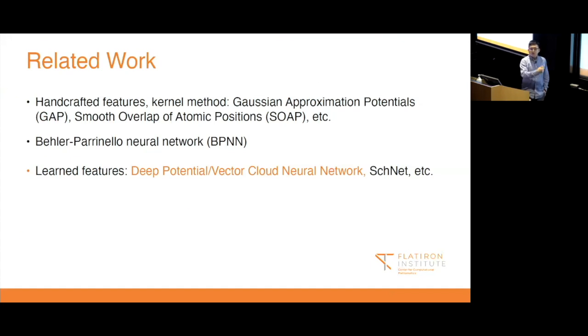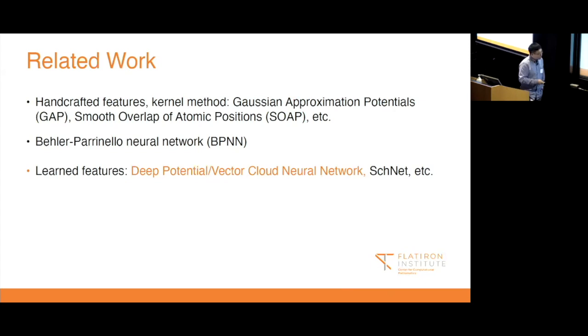This is very similar to what happened in computer vision. Previously, people used hand-picked filters, and now with convolutional networks, people parameterize those filters and learn them from the data. Our work thinks in a similar way. We want to learn those invariant features from the data end to end, and then apply a fitting model to get the final output.